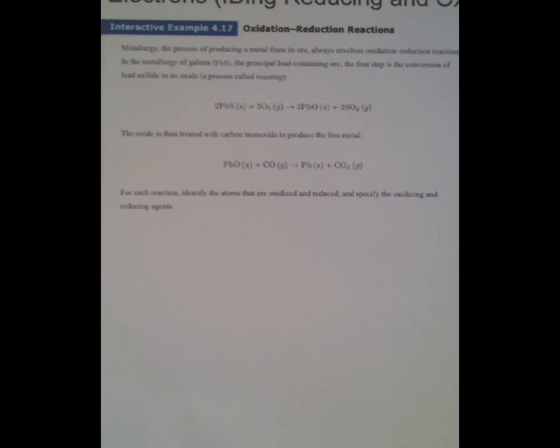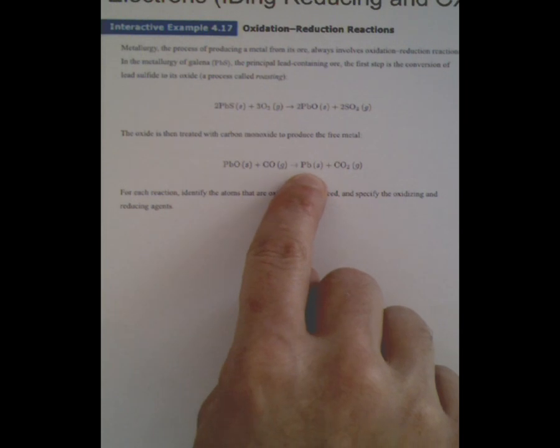All right, and this is an important reaction as far as getting lead mined from the earth, and really a lot of the different metals we mine from the earth follow a similar type of process, where we're roasting them and then using some sort of redox reaction to purify them in the elemental state. I'm going to write this bigger so we can see it. So this is the first reaction.